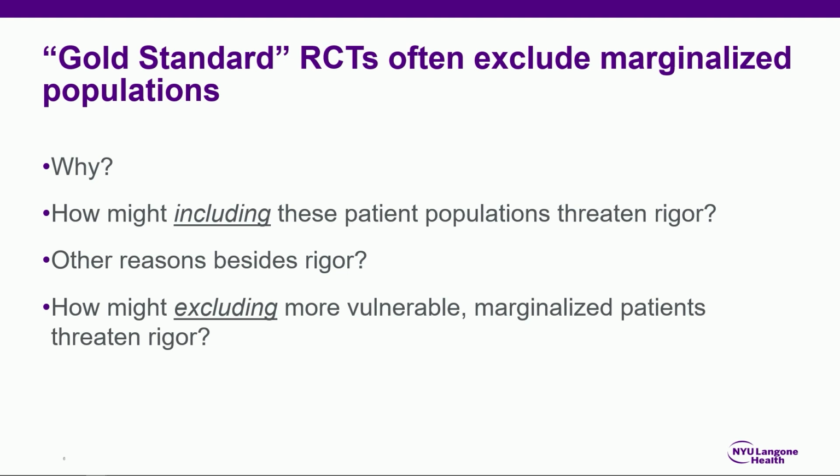And so one of the things I'm asking of you at this point is, when you think about the gold standard randomized controlled trials, they often will exclude marginalized populations, or they end up excluded. Why do you think that is, and how might excluding or including marginalized patient populations threaten rigor in these studies?